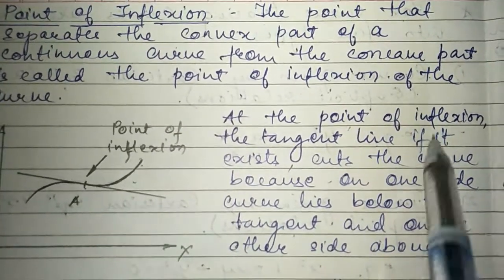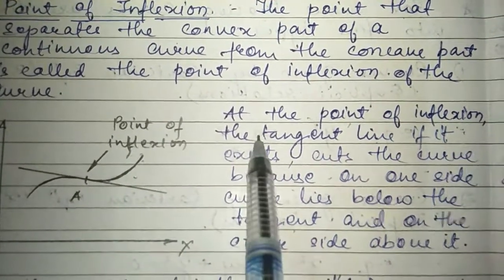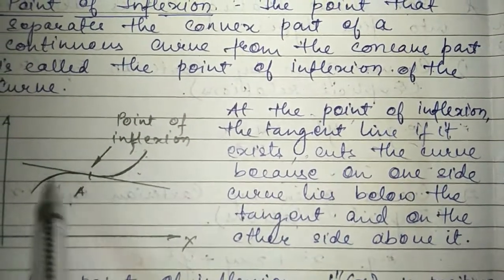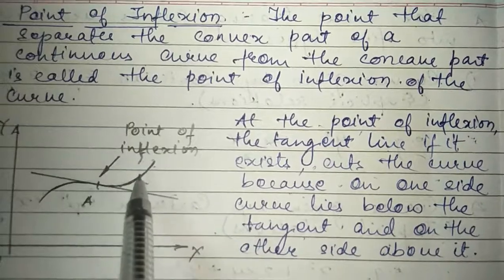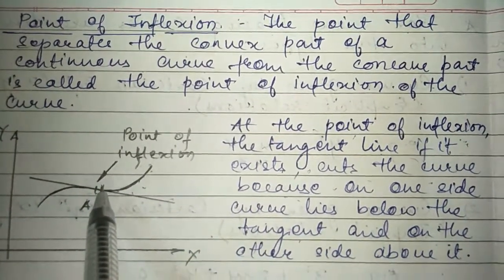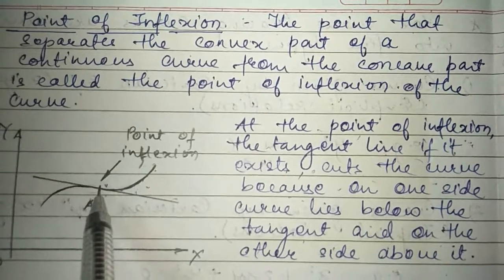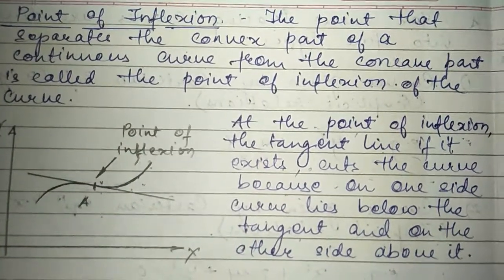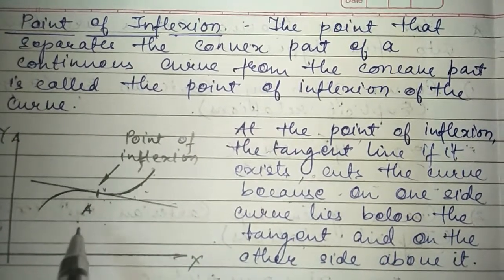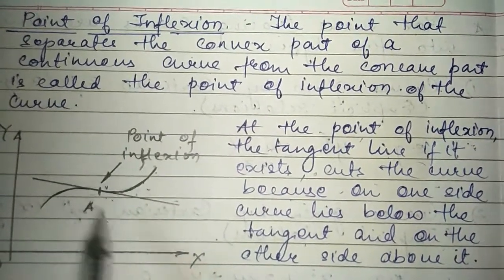So at the point of inflection, the tangent line, if it exists, cuts the curve. So this tangent line is cutting the curve at the point A. And this point A is called the point of inflection because it's separating the concave and the convex part of the curve.